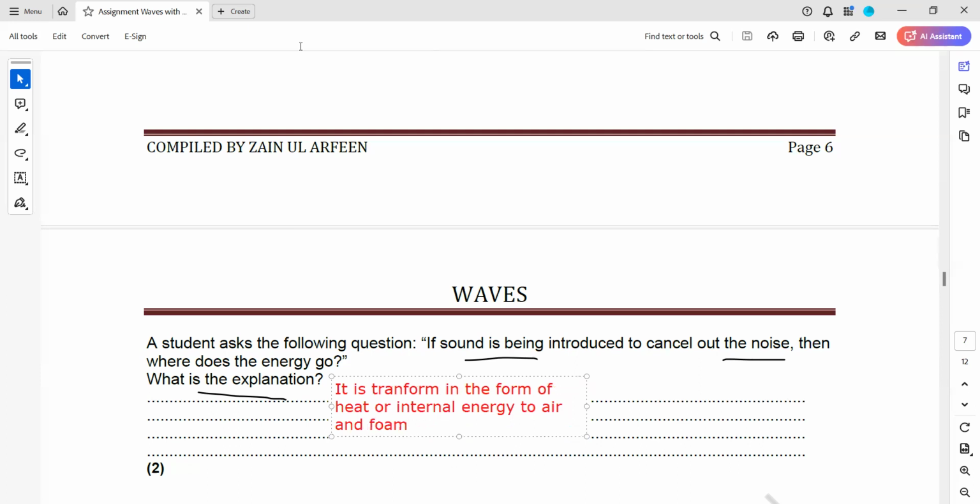That is what happened to that noise. So the kinetic energy of the particles will increase, or the temperature of the air will also increase. That we will mention. Is it clear, this one?